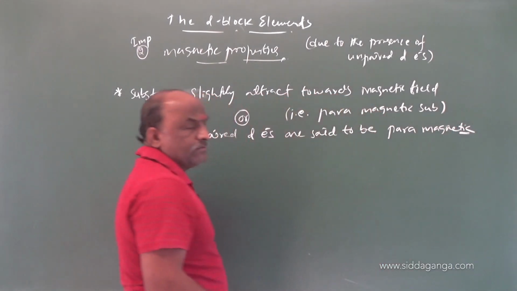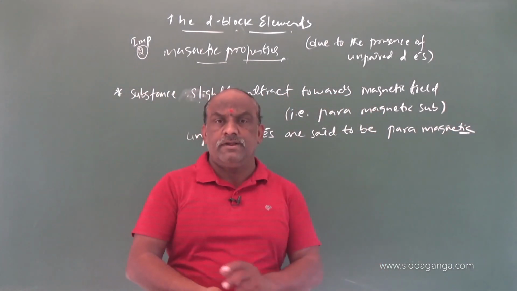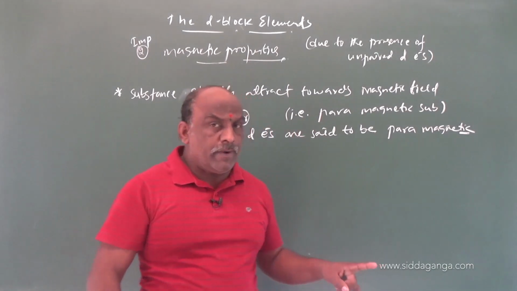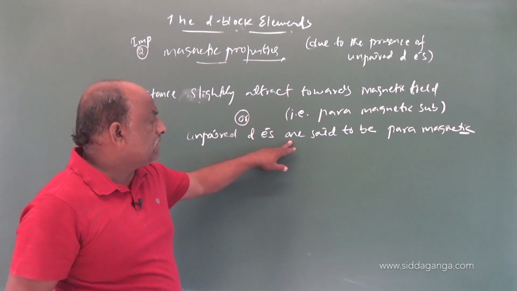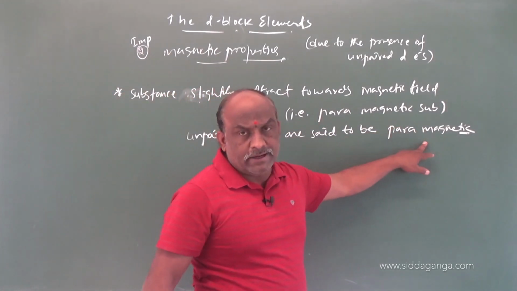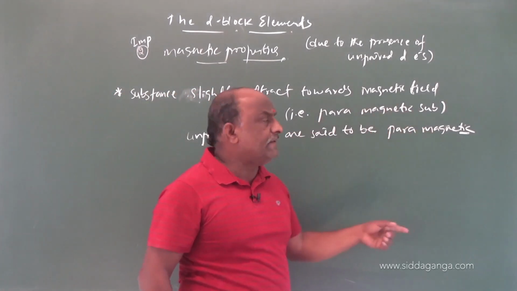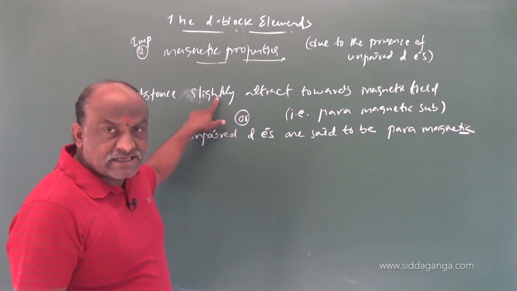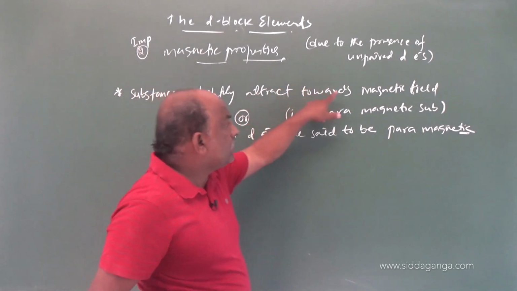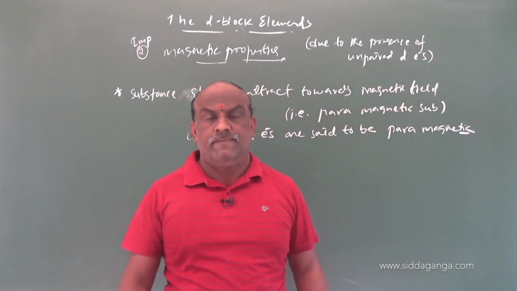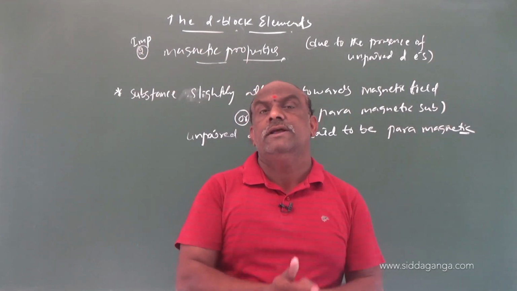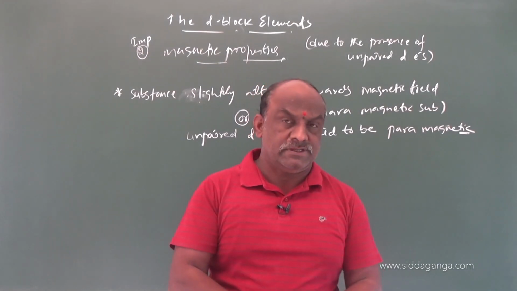My dear students, make a note, this is very important. Unpaired d electrons are said to be paramagnetic. Or, a substance which is slightly attracted towards a magnetic field is called a paramagnetic substance.